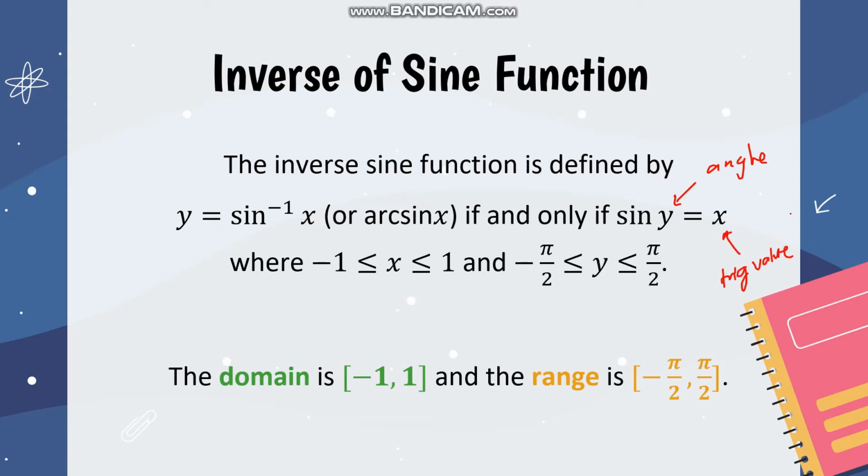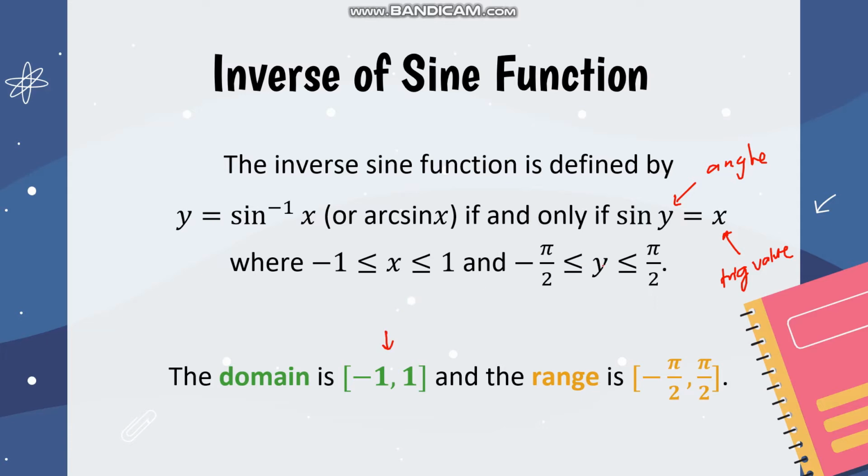Here, x should be greater than or equal to -1 but less than or equal to 1. That means this is the boundary for our trigonometric values applicable for our inverse. So that makes the domain from -1 up to 1.